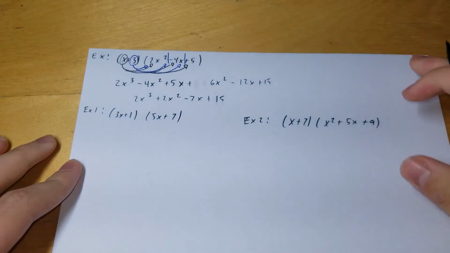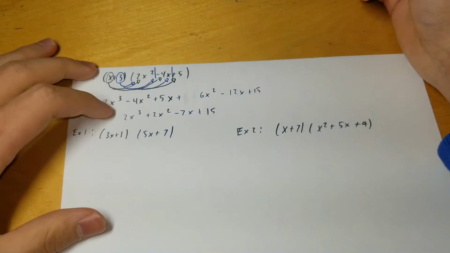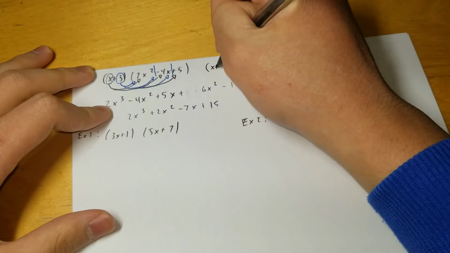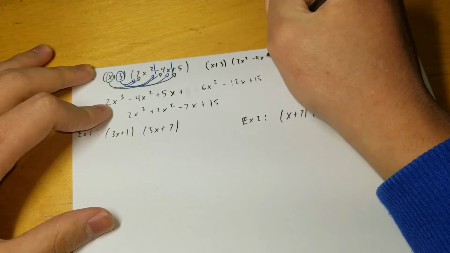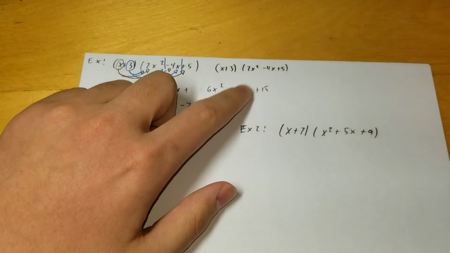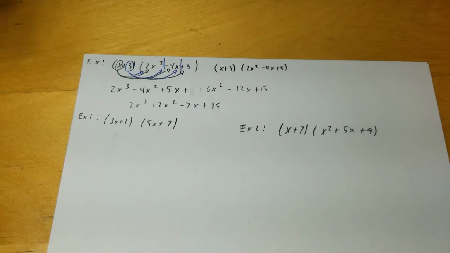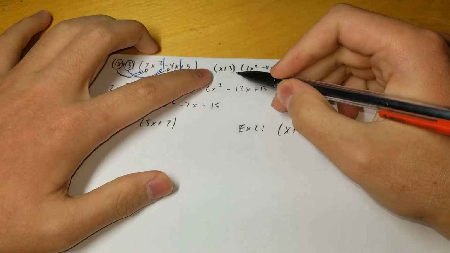So let's move on here. There's an example. This is a continuation. I'll put an example here. What this basically said, I'm sorry if you couldn't read it: x plus 3 times 2x squared minus 4x plus 5. This is an exception right here. So what you have to do, basically, there's two terms in here.